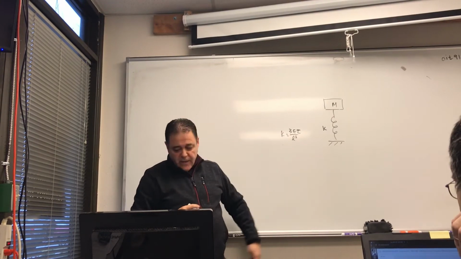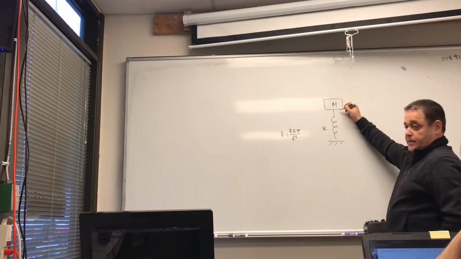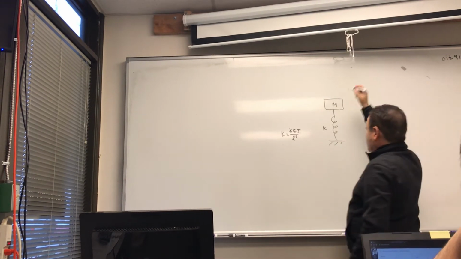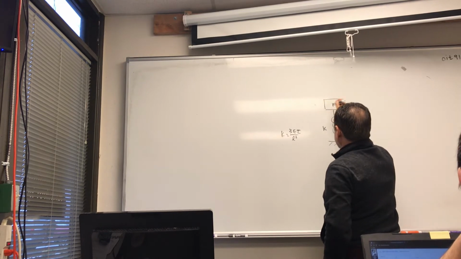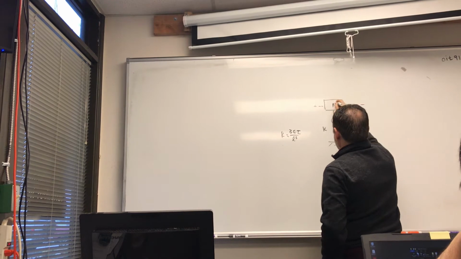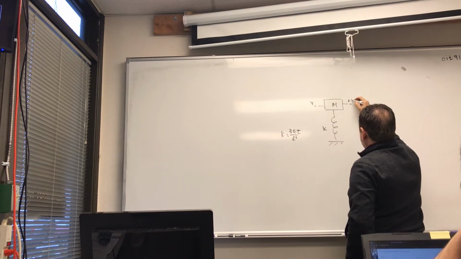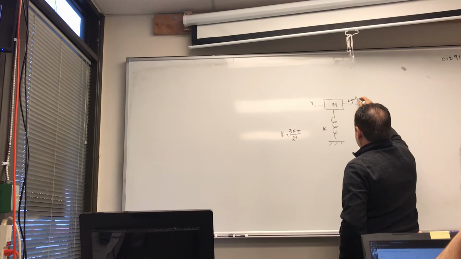Now, if you have this, what is the equilibrium position of this guy? Somewhere at the bottom, right? Let's just do it at the center line of the mass. We call this maybe y static. So this is the static equilibrium.